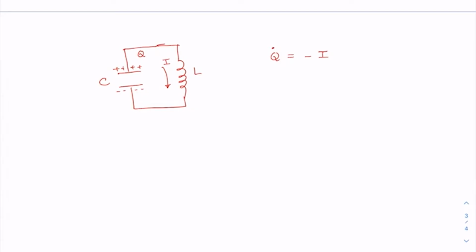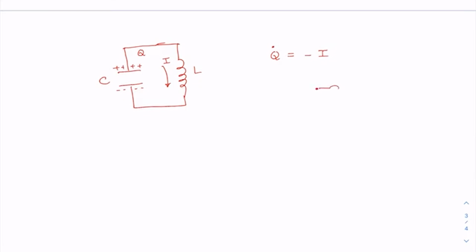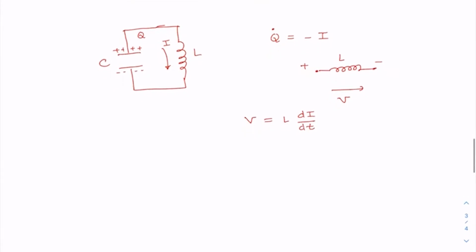And on the other hand, if we look at the voltage drop across the inductance, suppose the voltage is applied along this direction from positive to negative, then this voltage drop across this inductance L would be L dI/dt, because it will take a bit of time for the current to flow through it when you apply the voltage.